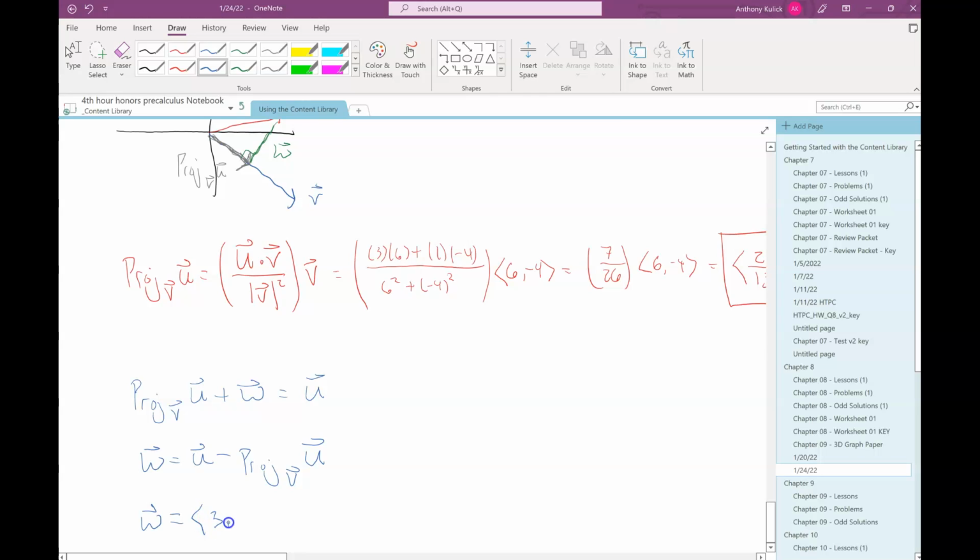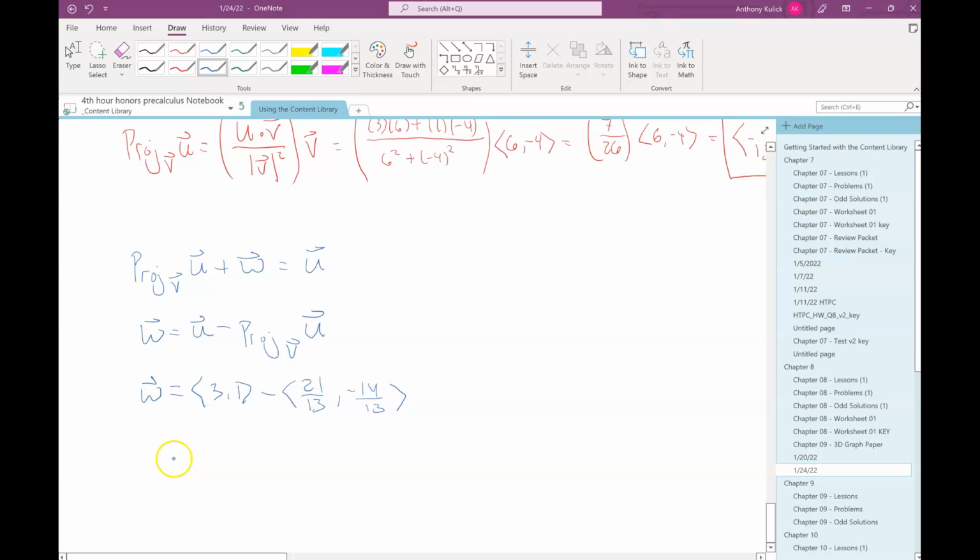So u was the vector (3, 1), and the projection of u onto v was what we just found, 21 over 13, negative 14 over 13. So let's see, 3 is 39 over 13, so 39 minus 21 is 18.